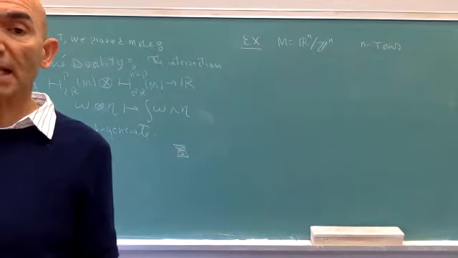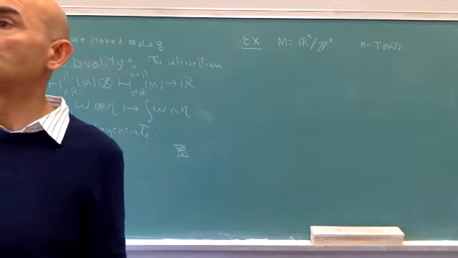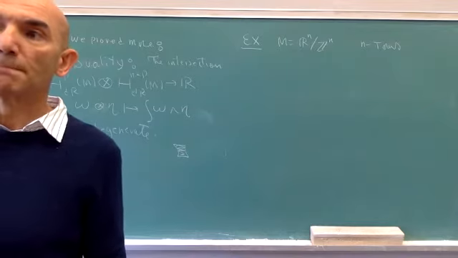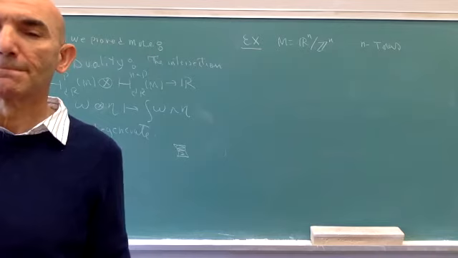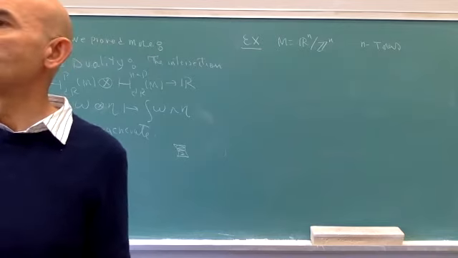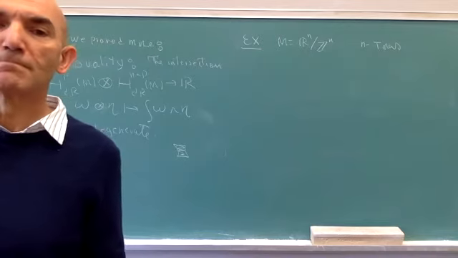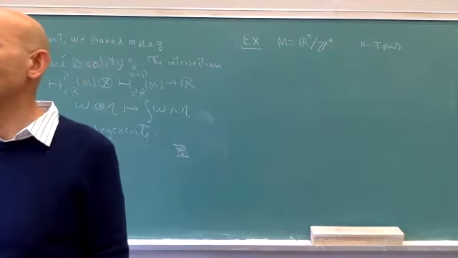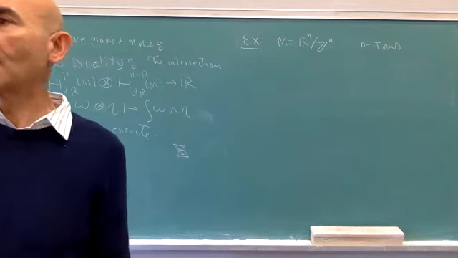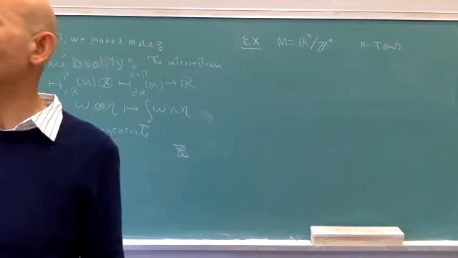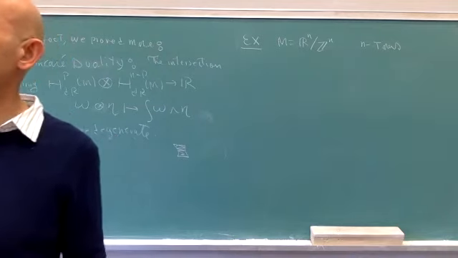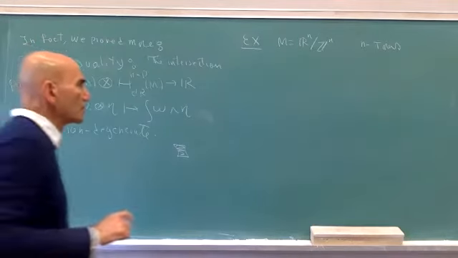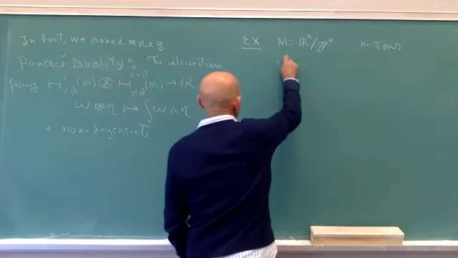Is that the best metric you can choose? Yeah, the flat metric is the easiest metric, and working with it is quite straightforward in most cases. So I put the flat metric.